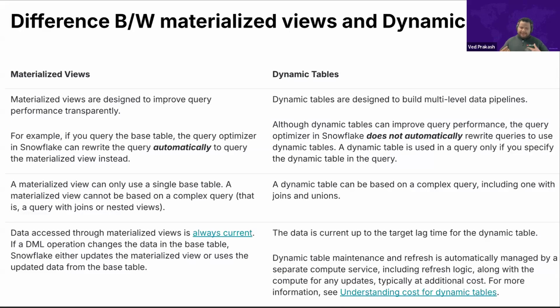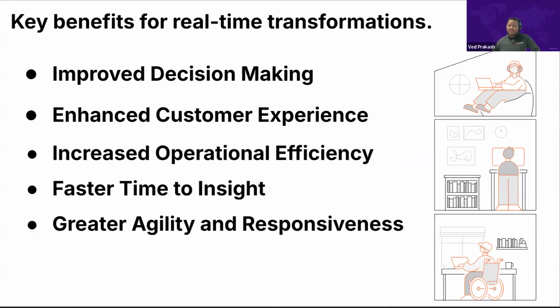Don't put a dynamic table on a table with 4 or 5 joins where each of the tables is getting data continuously, like streaming data, because in that case it will increase your cost. You have to be pragmatic and look at the use case and what it is trying to solve. Otherwise, since it is serverless compute, the cost of Snowflake compute will just go high.